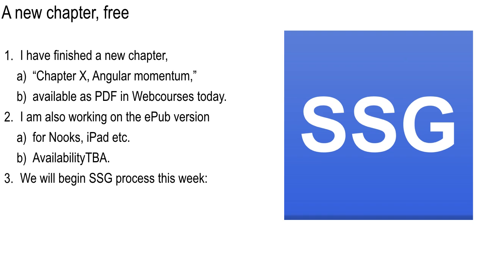So we'll begin working out the SSG process this week. You can take a note of what it will entail. First of all, I have to send out invitations. Now, those will come to you in web courses if you are one of the people that have an exam average at 90% or higher. Okay?